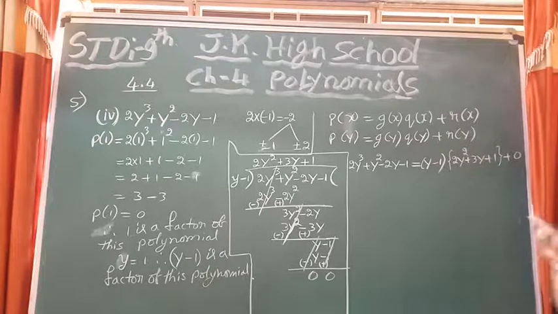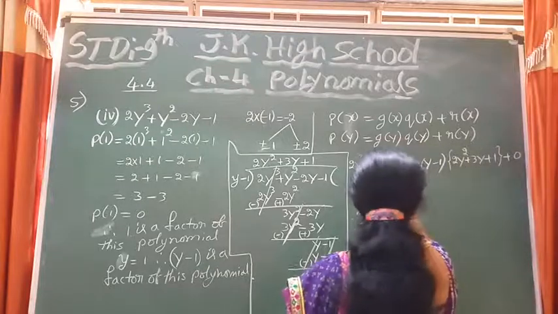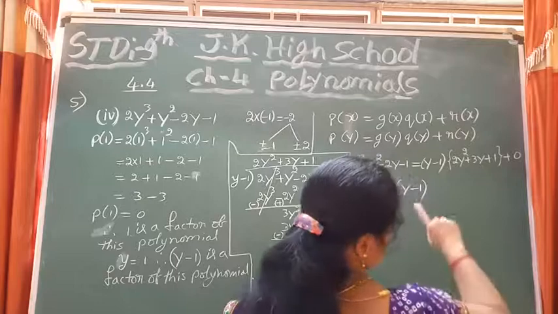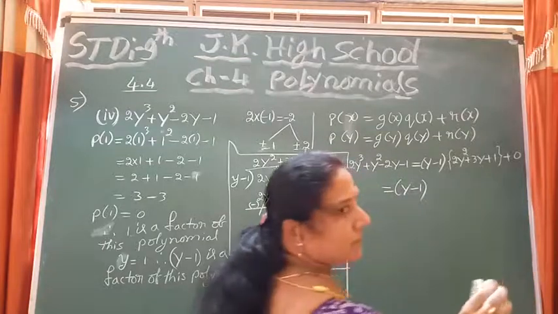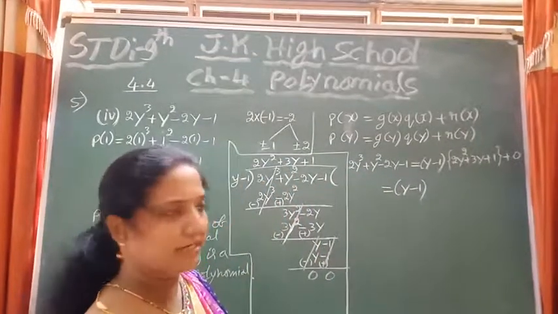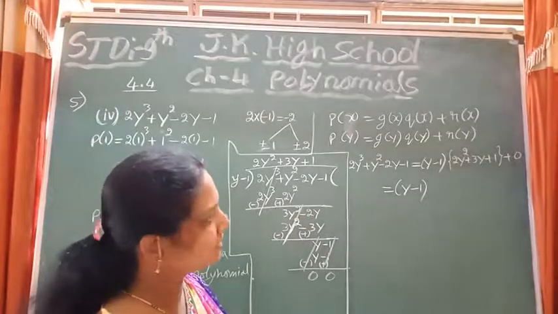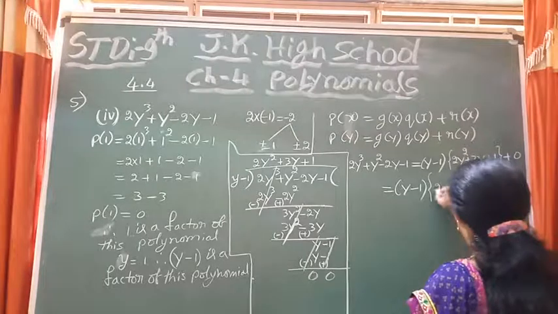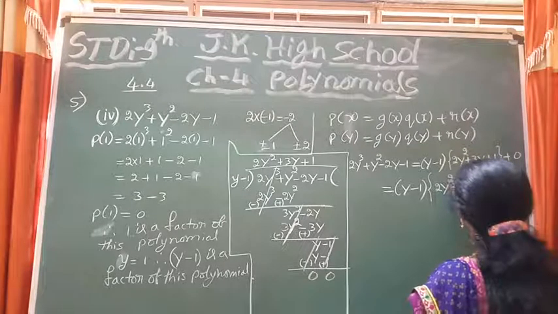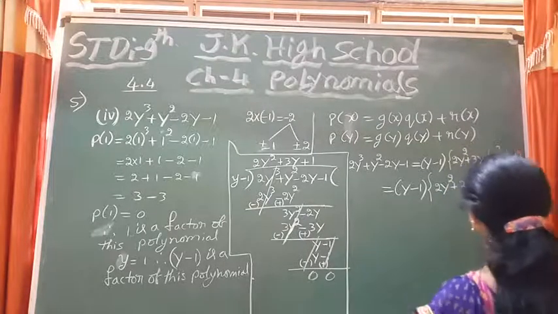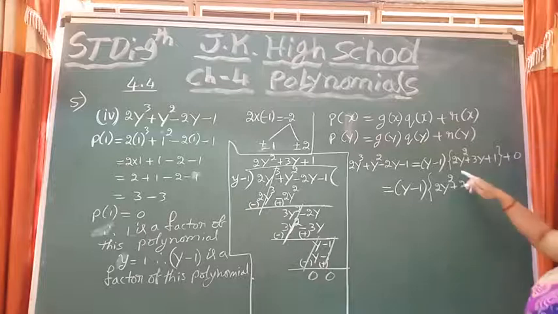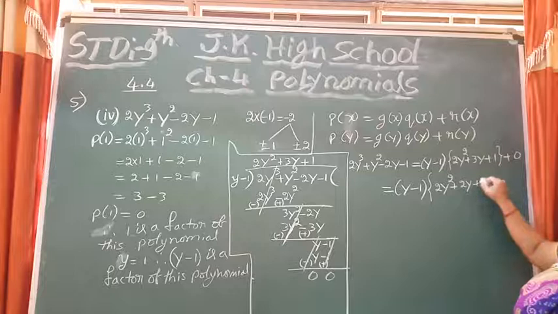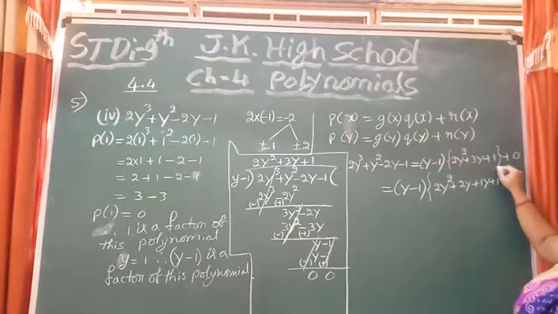So then factorize this quadratic polynomial. One factor we know now, y minus 1. 2 ones are 2. When we multiply two numbers, 2 I should get. When I add, I should get 3. It is easy. Then 2y square plus 2y plus 1y plus 1: 2 ones are 2, if you multiply, you should get 2.